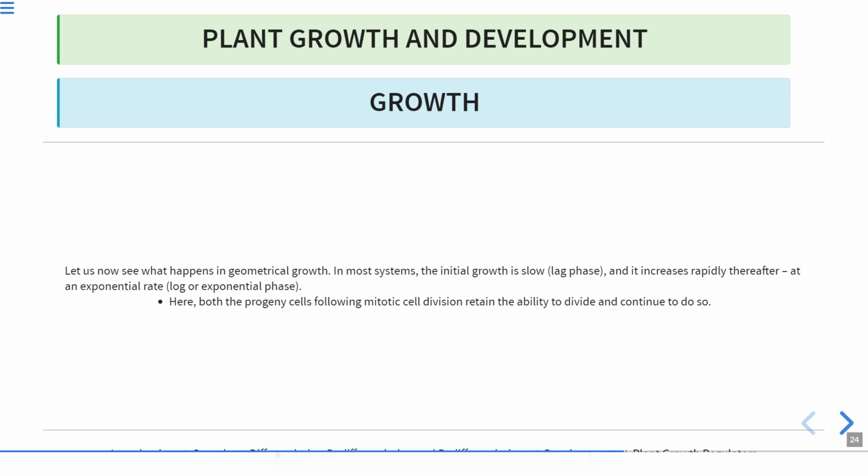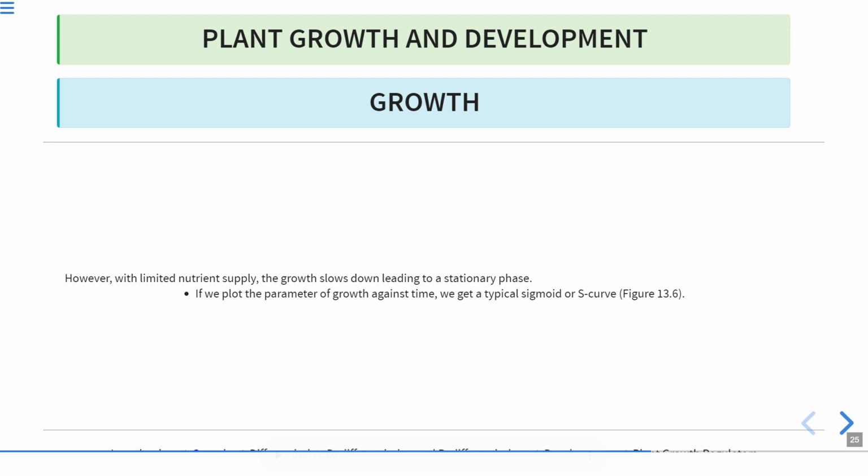However, with limited nutrient supply, when the nutrient supply is very, very less, the growth slows down, leading to the stationary phase. After that, the graph goes to the horizontal form, and that is the stationary phase. And if we plot the parameter of growth against time, then we get a typical sigmoid or S curve.